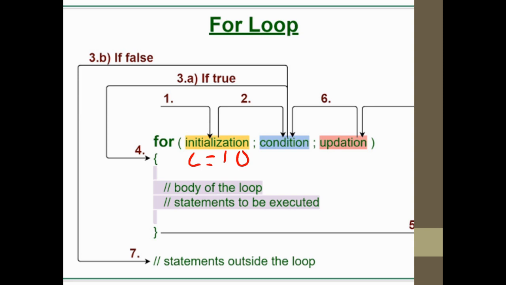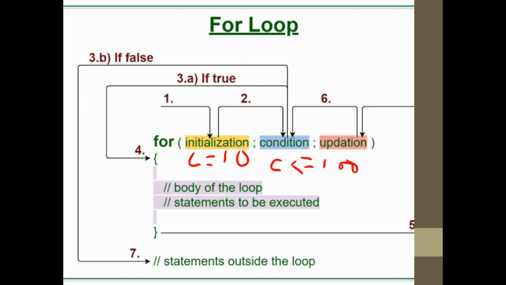I am initializing variable c with value 10. Now what will be the condition to stop your loop at the value 100? You want to print till 100, so give the condition that c should be less than or equal to 100. I am giving the equal sign here because I want to print 100 as well.